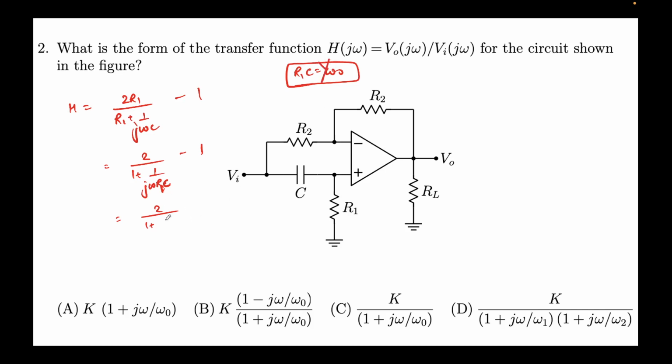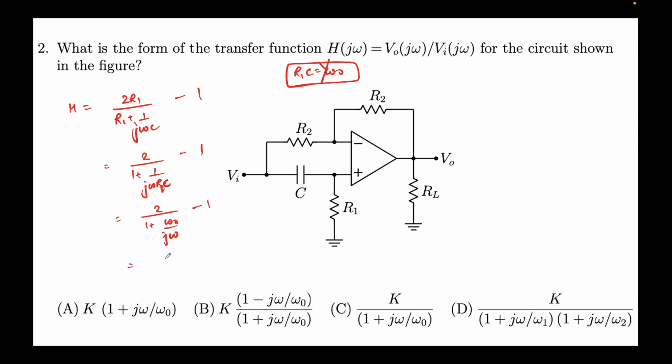So it will come out to be omega naught by j omega, right? Yes, that's correct. Now we'll take the LCM as j omega.